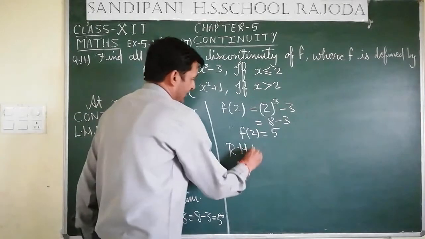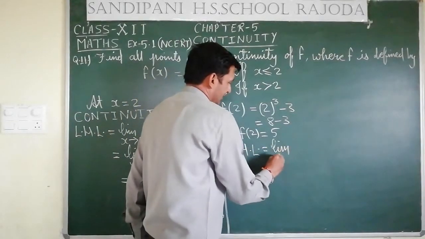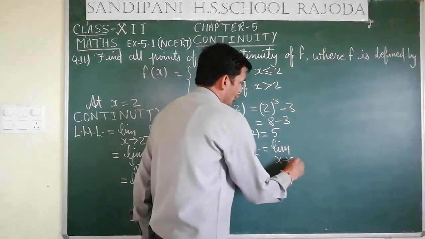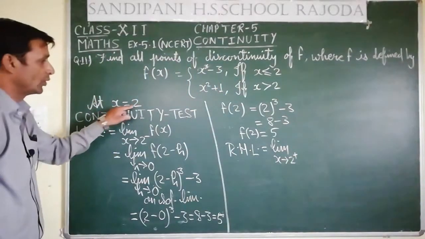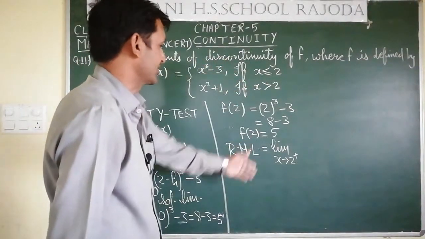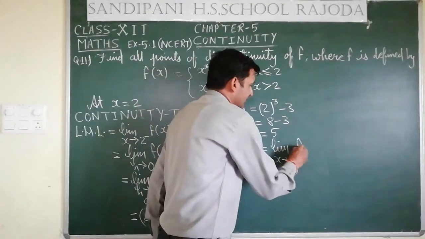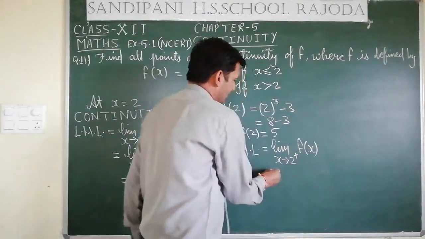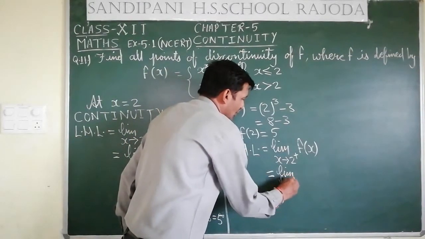Now for RHL we have to mention limit x tends to 2 plus. Why 2 plus? Because at x is equal to 2 only we are applying the continuity test. So limit x tends to 2 plus f of x is equal to limit h tends to 0.